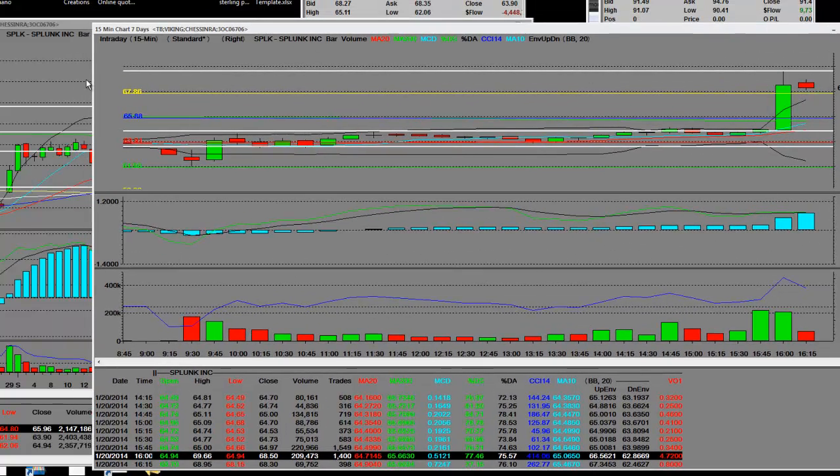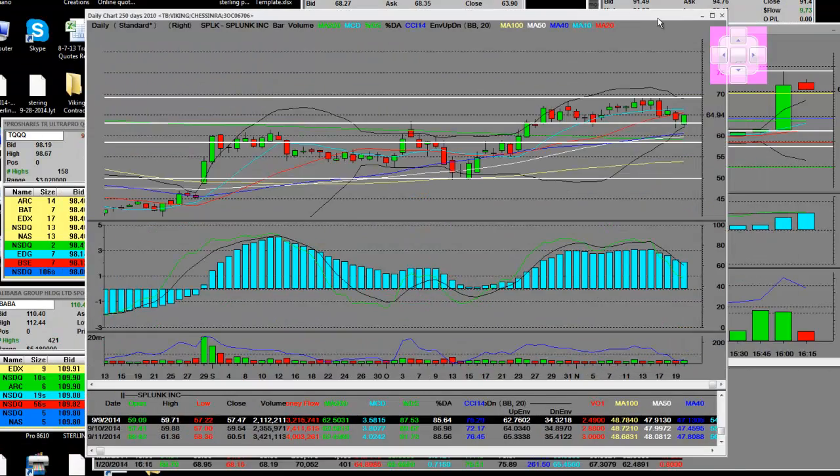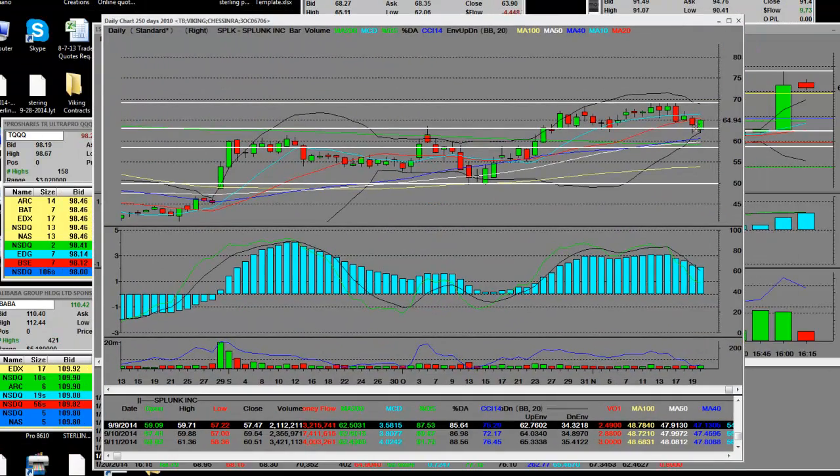That's the 15-minute level, but right here, once again, on the daily level, this is where we were. And this is a top resistance pattern, and it's only major resistance into the gap. This high right here was actually 68.93 on this particular move down.